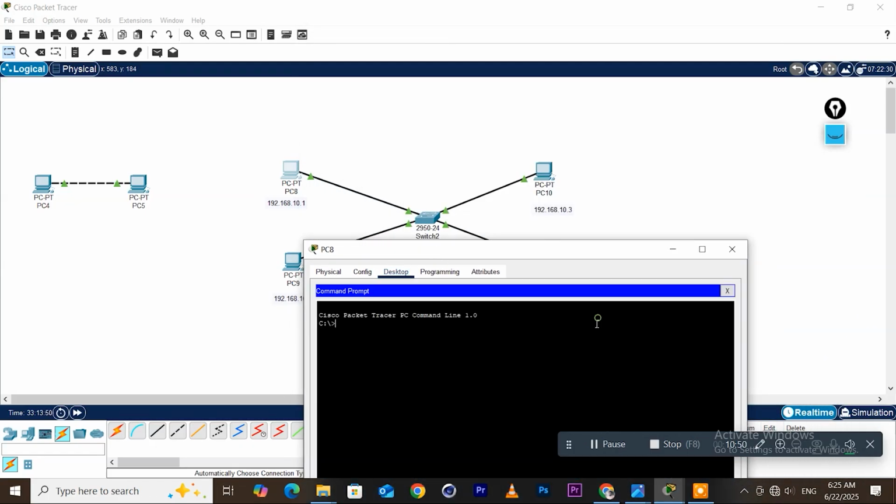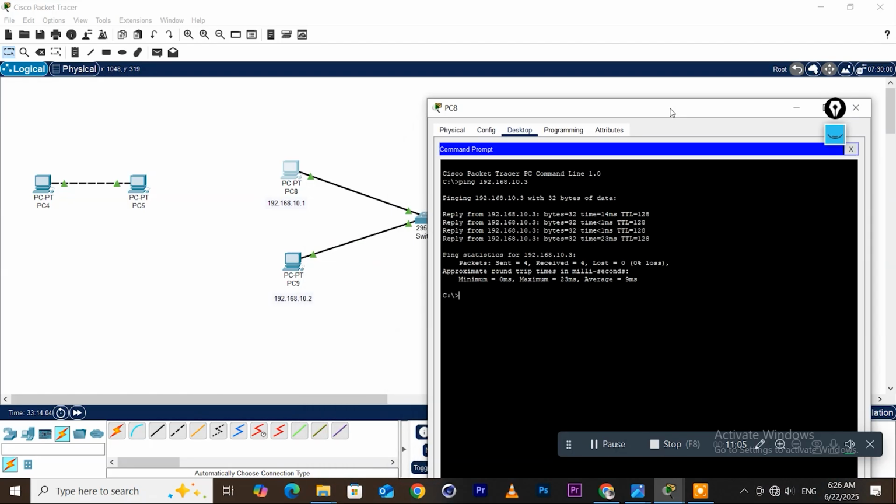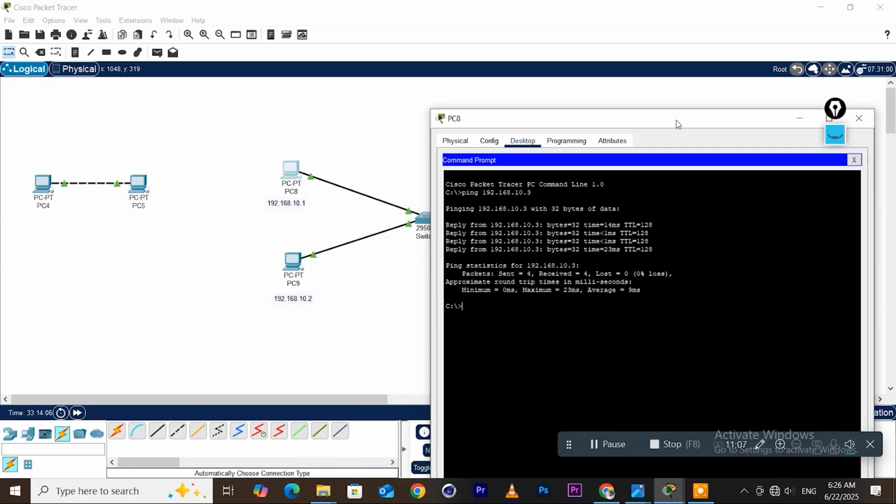We say ping 192.168.10.3. As you can see, it is successfully pinging PC3. So there is communication between PC1 and PC3. Let's see if it will also ping PC4.